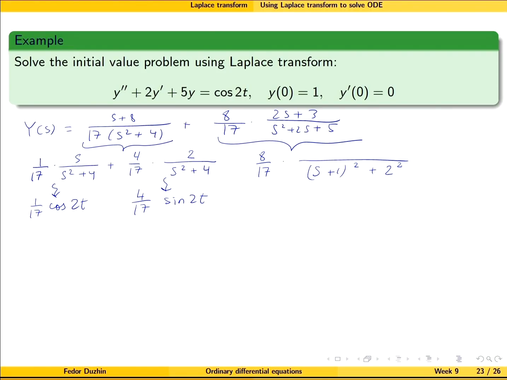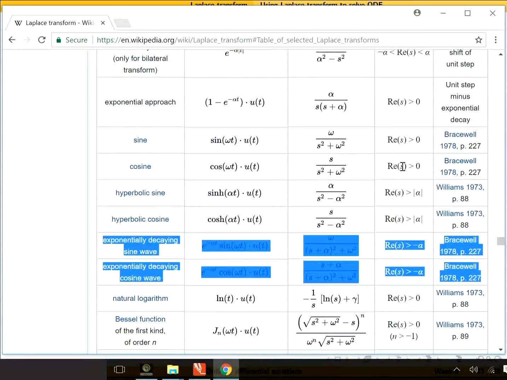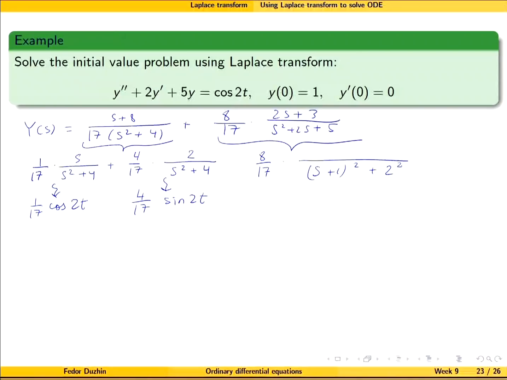But then the numerator should be a combination of s plus alpha and a constant. So alpha here is 1. So what I must have is a combination of s plus 1 and the constant.